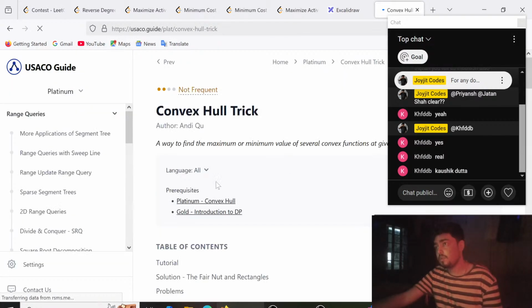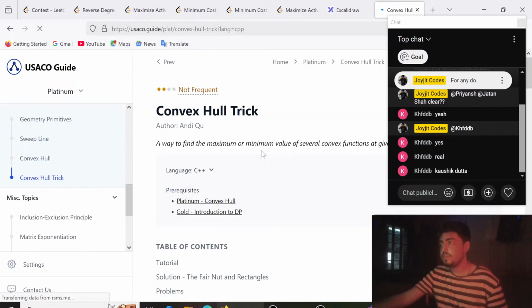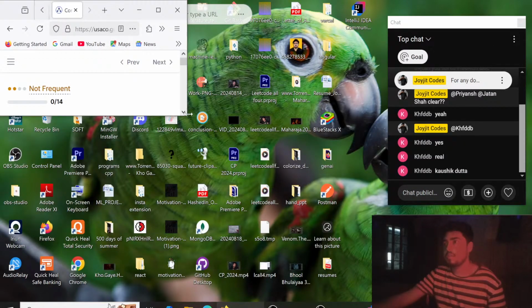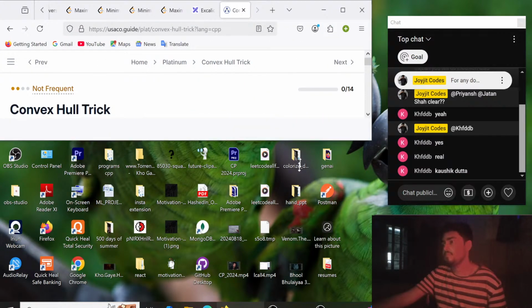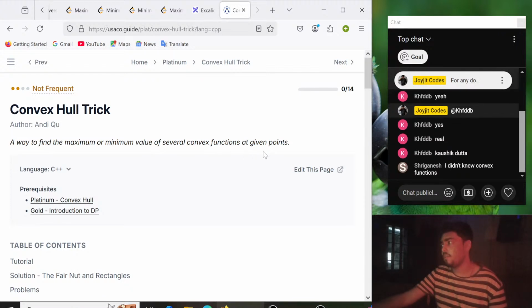Okay, this is about convex functions. It is a way to find the maximum or minimum value of several convex functions.